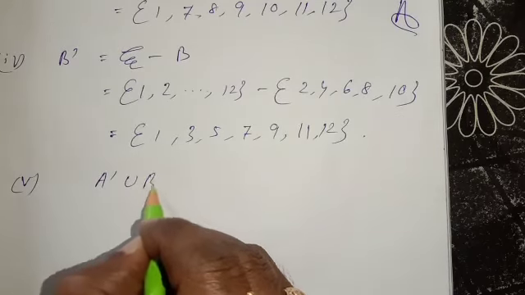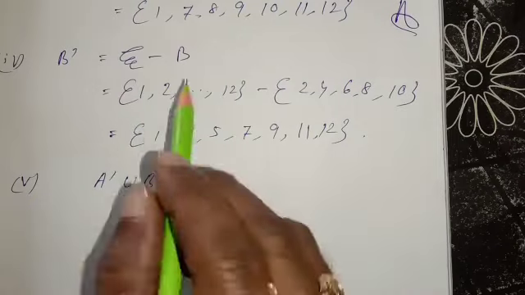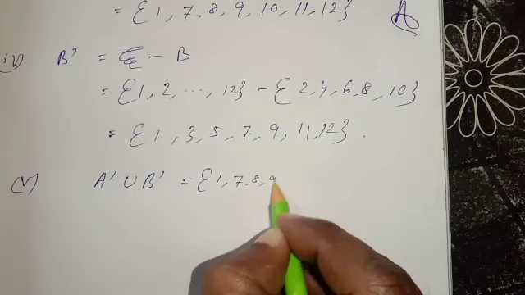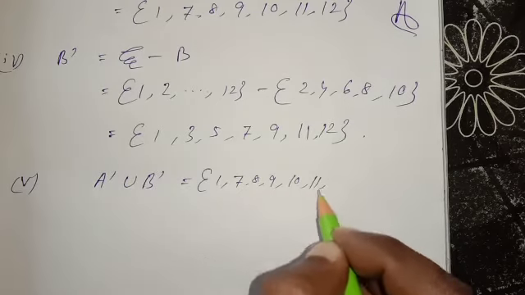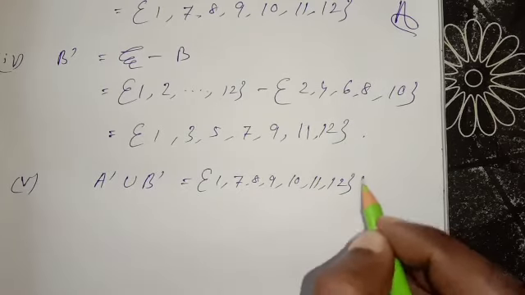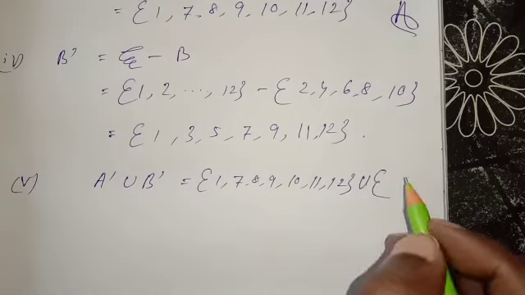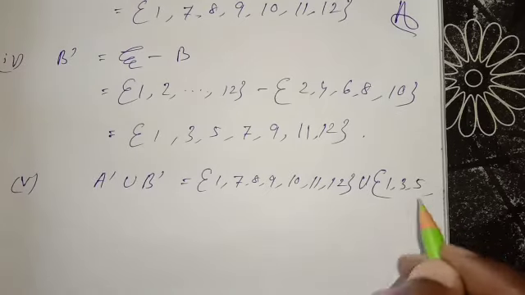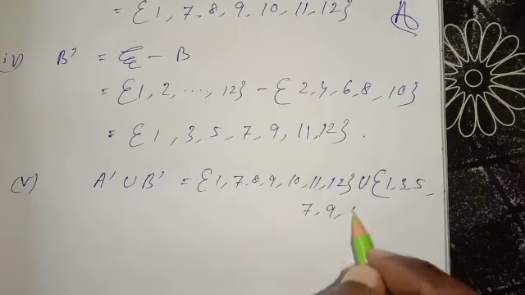Next, fifth part. The question given is A complement union B complement. The A complement you got already, that is 1, 7, 8, 9, 10, 11, 12. Union B complement, that is 1, 3, 5, 7, 9, 11, 12.